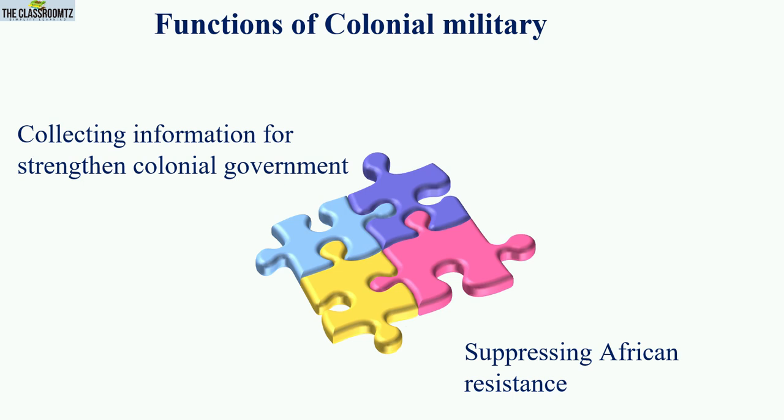Something like it is awkward. It's like vice versa. Your fellow Africans are resisting to get independence or their political freedom, and you, an African, are stopping them, telling them to stop resisting just because of the whites. Something ridiculous. So these were the functions of the colonial military.